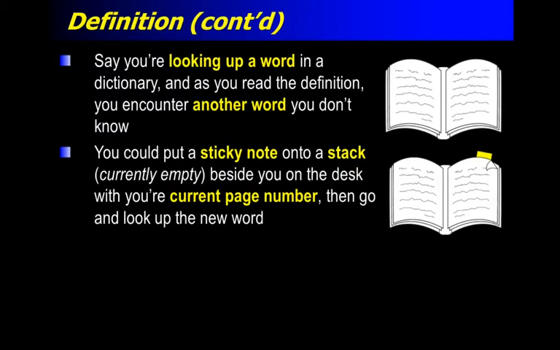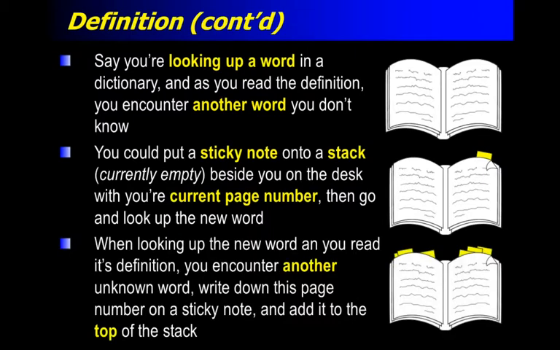And let's say you came across a word in there that you didn't understand. Well, you'd do the same thing. You'd put a sticky note on the page for supernatural, and you'd go look up that word, etc. Eventually, you'd get through the definition, and you'd know what that word means. Then you'd go back to the sticky note where you were before, and then you'd go back again to eventually finish looking up the actual word you started with.